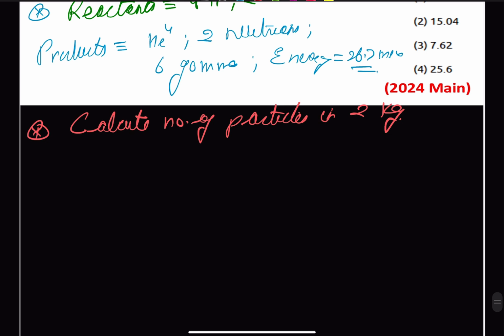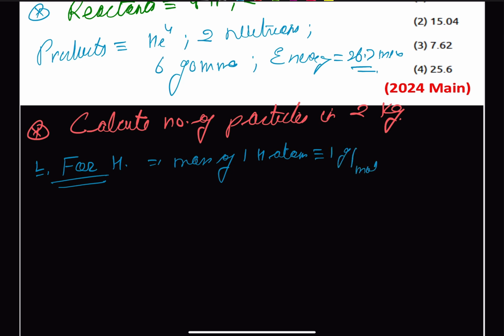So first of all, let us say for hydrogen, and we know that mass of one hydrogen atom can be written as 1 gram per mole, or approximately 1 into 10 to the power minus 3 kg per mole.